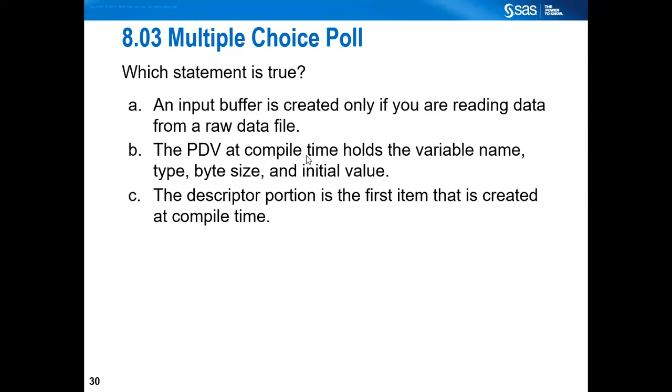A PDV at compile time holds variable name, type, byte size, and initial value. A descriptor portion is the first item that is created at compilation. Which of these is true, A, B, or C? Read it carefully, understand the process in the back end, how it is happening, what we saw in the previous slide, and answer the question correctly.